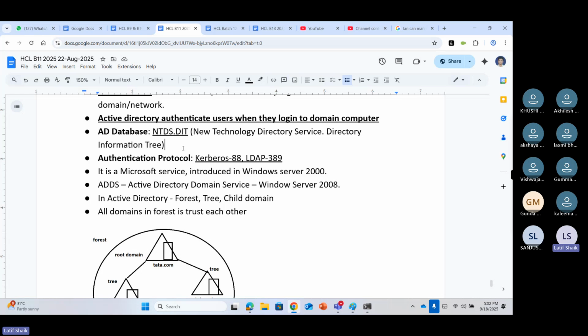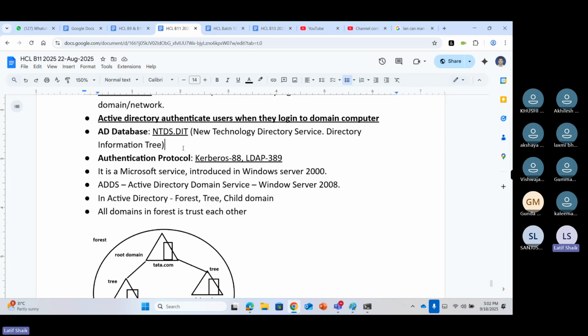From 2008 onwards, the Active Directory name is changed to Active Directory Domain Services. There is no difference between Active Directory and Active Directory Domain Services. Only the name is changed. So why the name change?